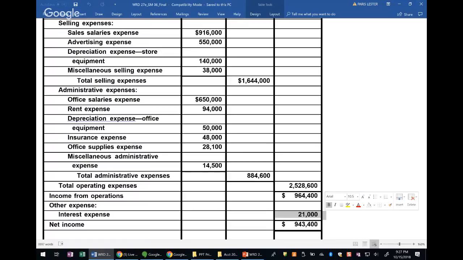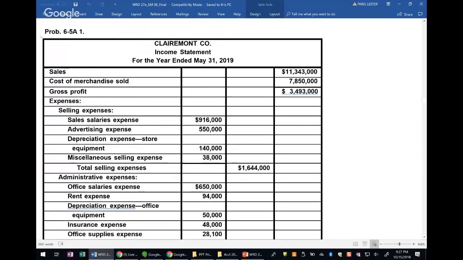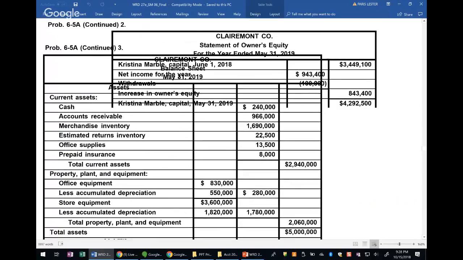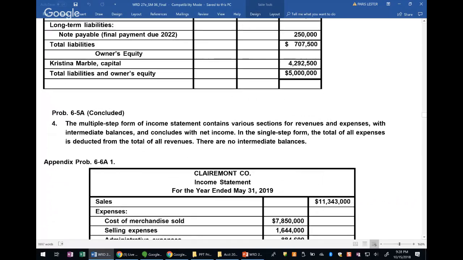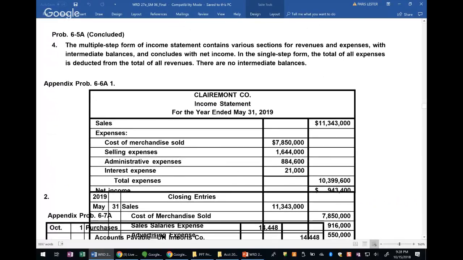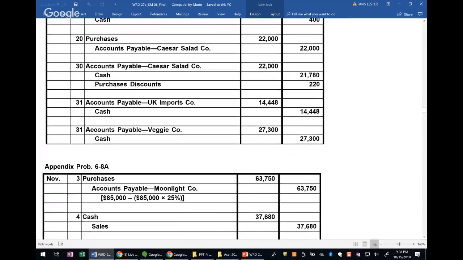All right, let's go to page 329. Here's an income statement, but the statement of owner's equity doesn't change, balance sheet doesn't change. That was all in that one problem. I don't know why these solutions are overlapped, but they are.